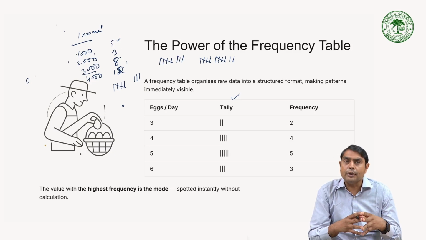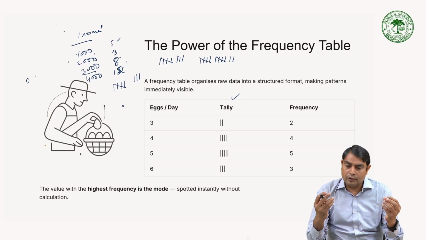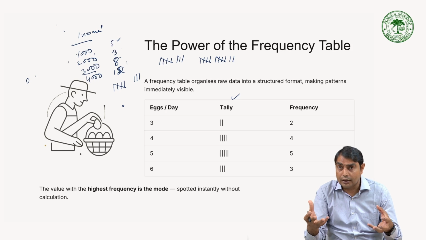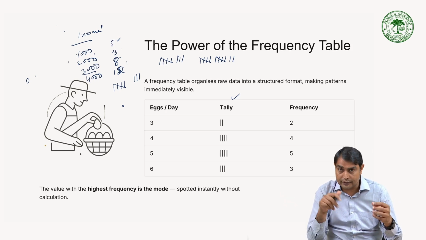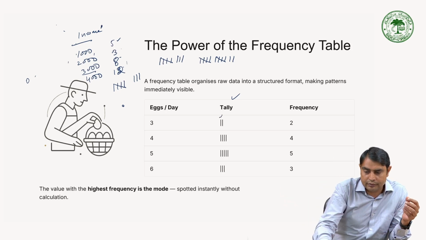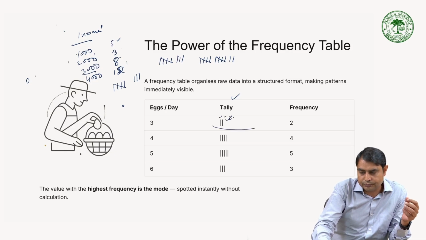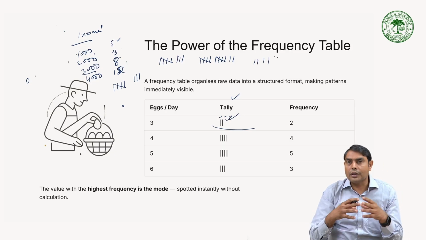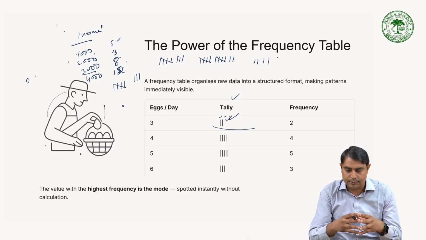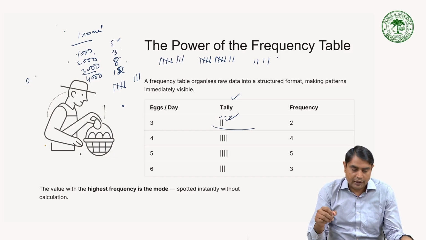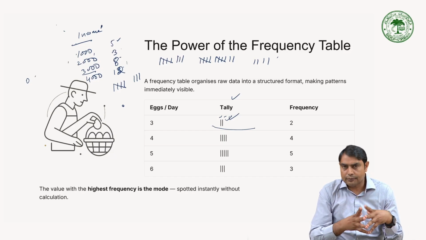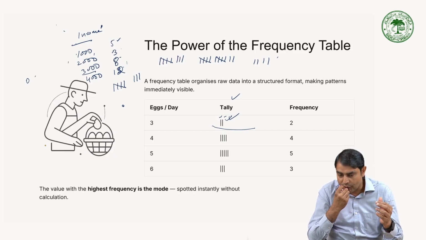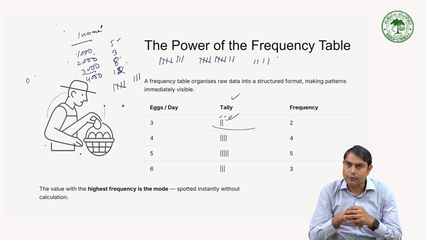And this is also not suitable when you have very high frequencies, because then you need huge tally charts, a lot of lines, and this will take a lot of space and time. So it is not suitable for that. The value of the highest frequency in this case is your mode. You can find out the mode, but you cannot find out the mean. And what about the median? It is not suitable for finding the median either.